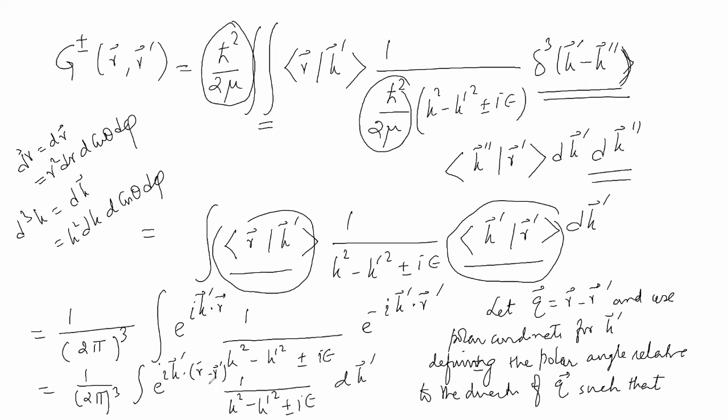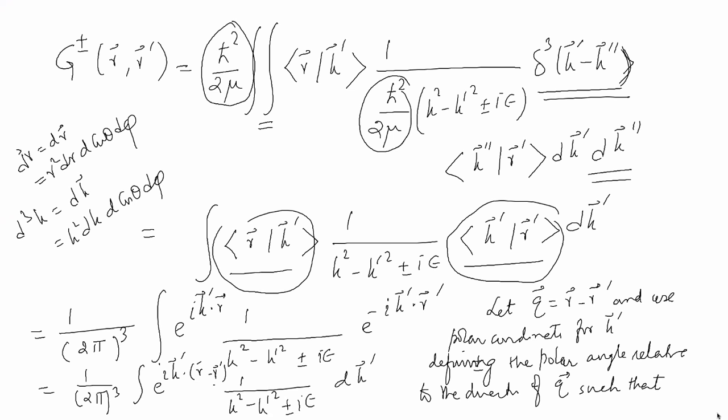Therefore, the angle between K prime and q is, let's say, theta. Therefore, this will be equal to e to the power i K prime q cosine theta upon this quantity, and this dk prime will give us K prime square dK prime d cosine theta d phi.